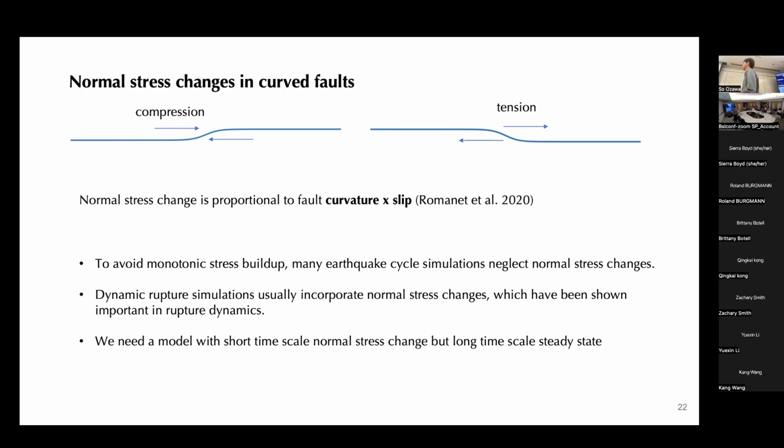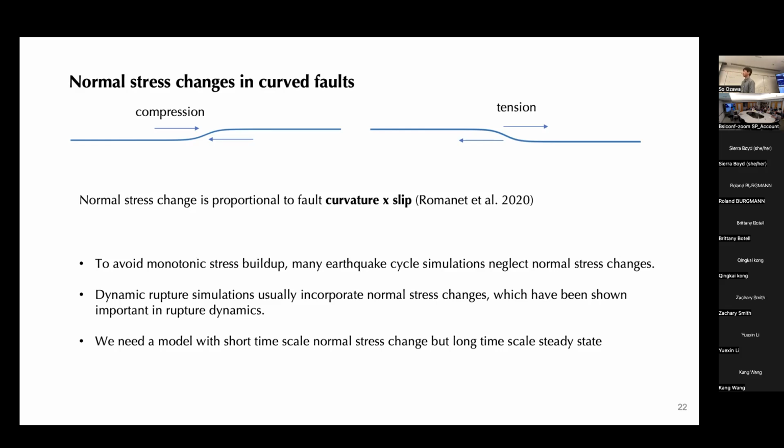But we want to avoid very high or very small normal stress in numerical simulation to get some steady state, because it's physically unrealistic. A very common way in nonplanar earthquake cycle simulation is to neglect the change of normal stress.